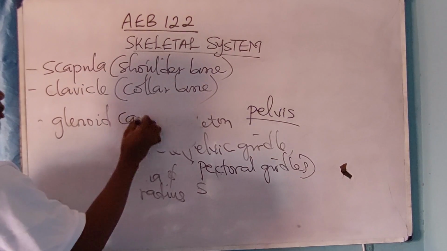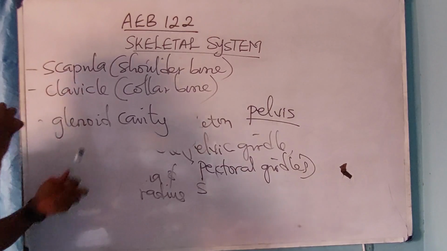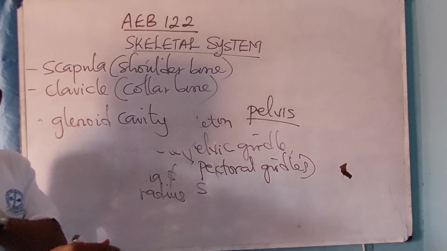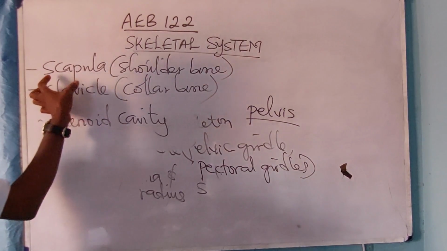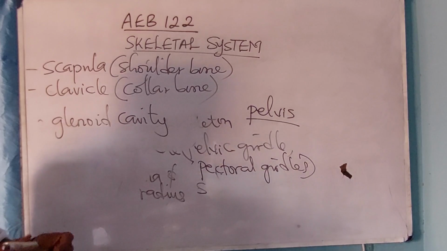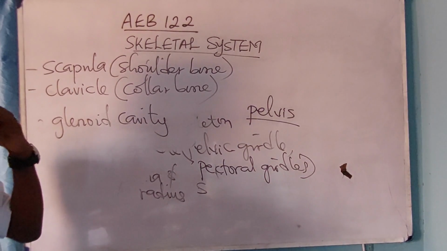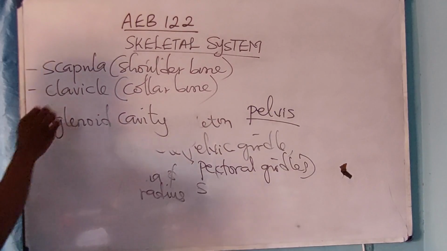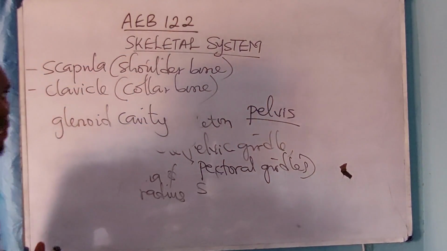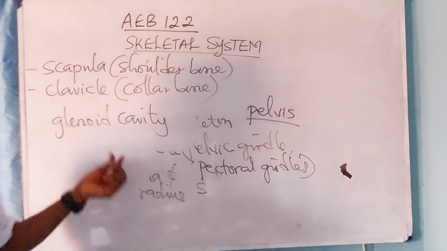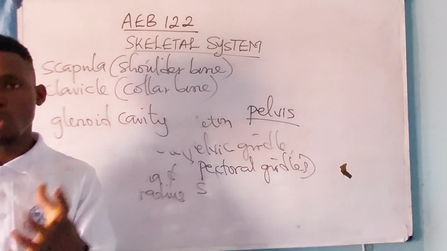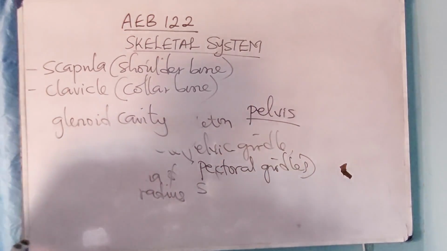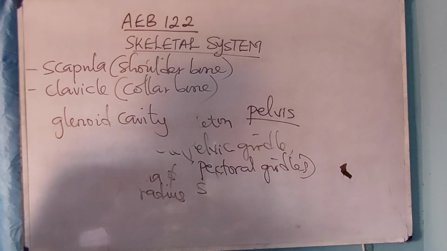I'll say it, glenoid cavity. The shoulder dislocates because the head of the humerus has shifted, leading to the stretching of muscles and ligaments. Ligaments join bones to bones, then tendons join bones to muscles. Please take note of that. It is very, very important.